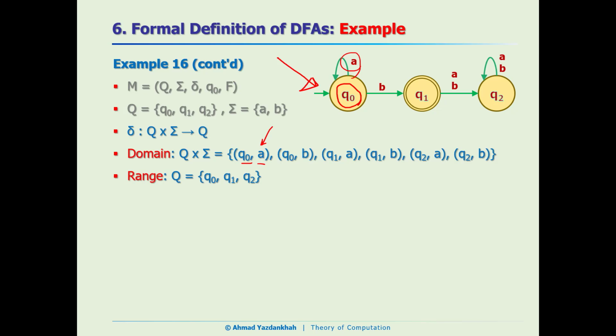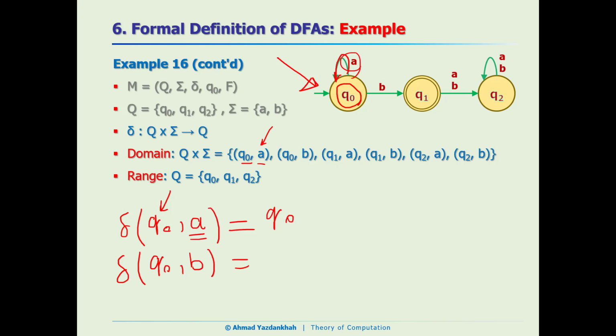So whatever the machine is going to do is its range. In other words, delta of Q0 and A means that if the machine is on Q0 and it reads A, where does it move? It is equal to, based on this, it loops to Q0. Okay? How about delta of Q0 and if the input is B, we see that it goes to Q1.